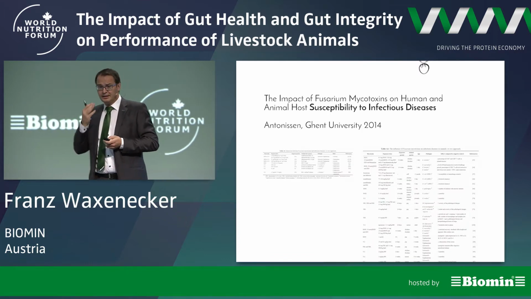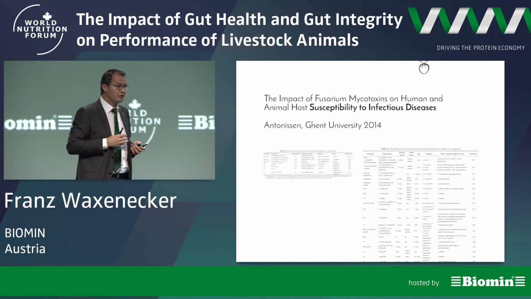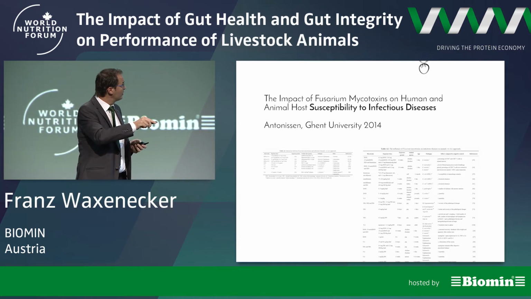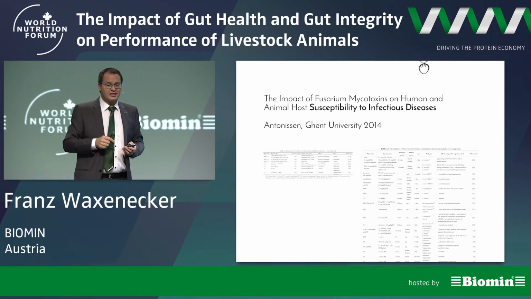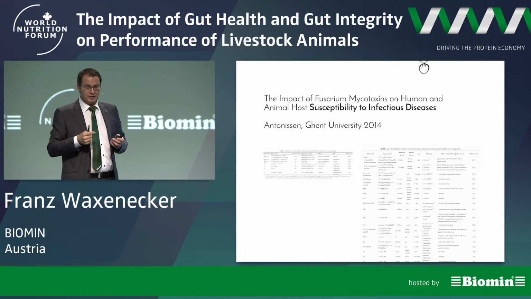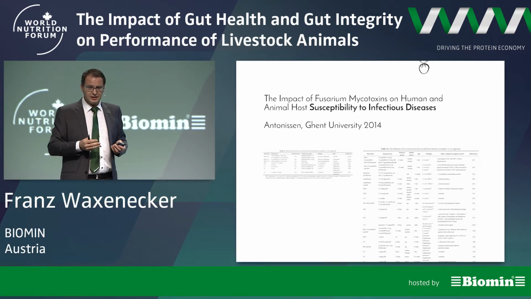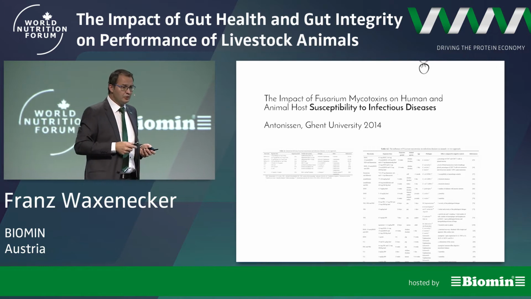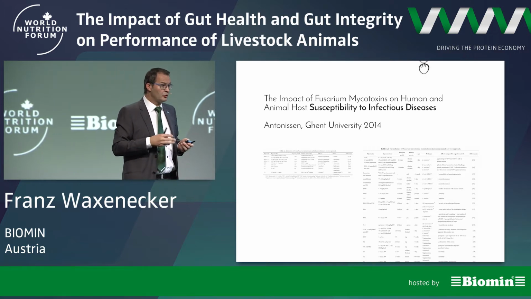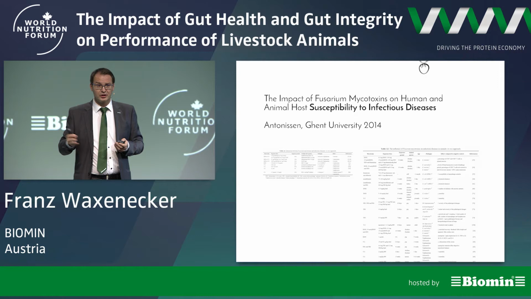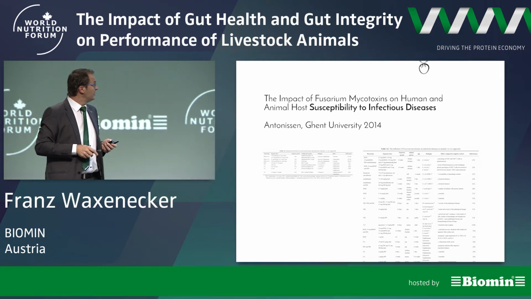On the other hand, an interesting study, again from Ghent University, where Gunther Antonissen studied the susceptibility of farm animals, of broilers in this case, to diseases if there is a DON intoxication in the gut. We had a similar topic this morning already to be discussed.